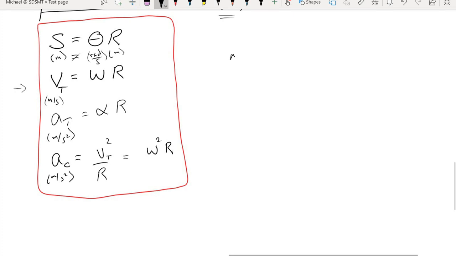On one side of the expression we have meters, on the other side we have radians per second times meters. So what do we do? Well, when switching from linear to angular, whoops, sorry, let me jump the gun here. We don't actually have seconds there yet.